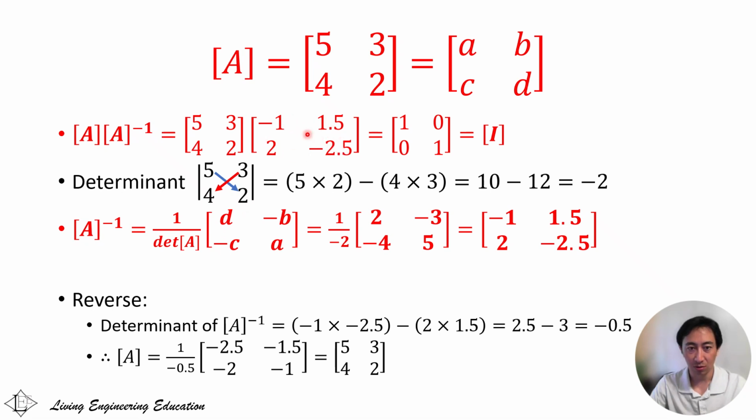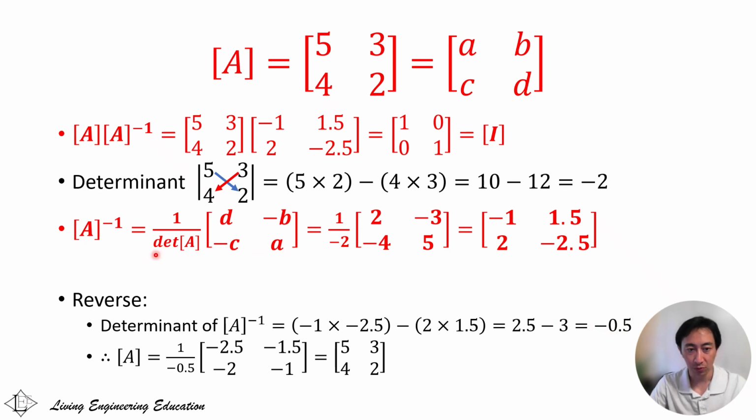So I'll do negative 1 times negative 2.5. That's right there. And then 2 times 1.5 right there. So you subtract those two. It's always top left product minus the top right cross product. Then you get positive 2.5 and minus 3, so you get negative 1.5 as my determinant.